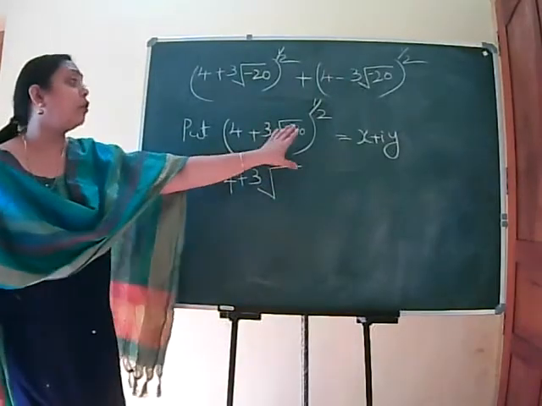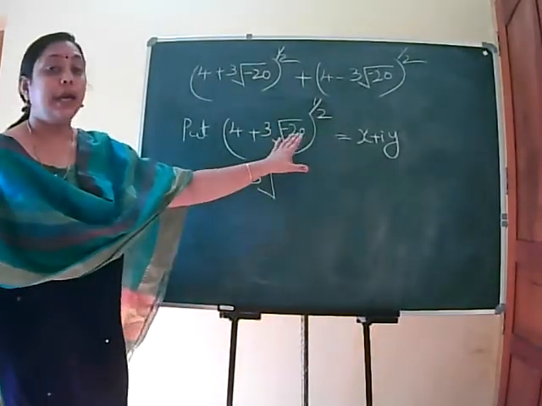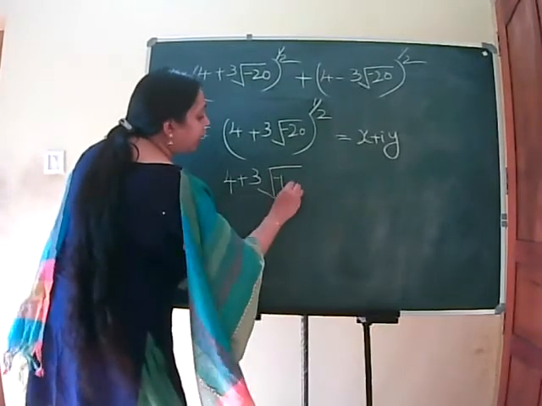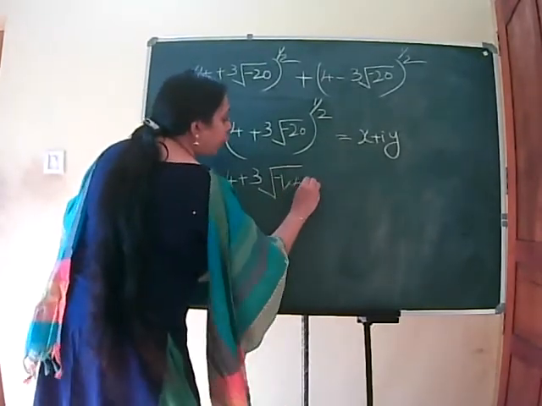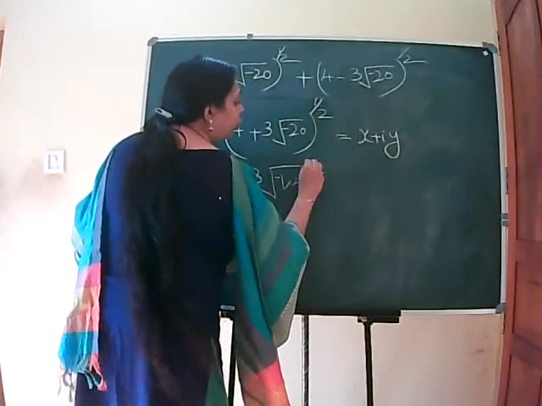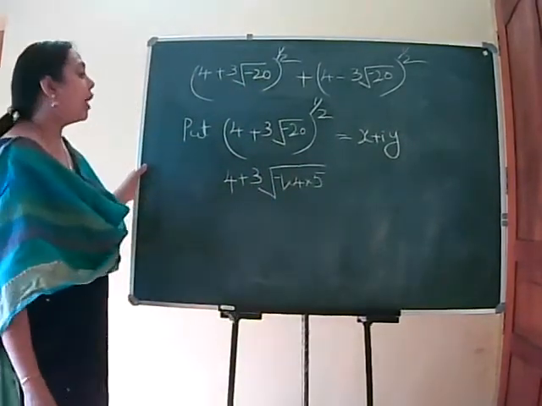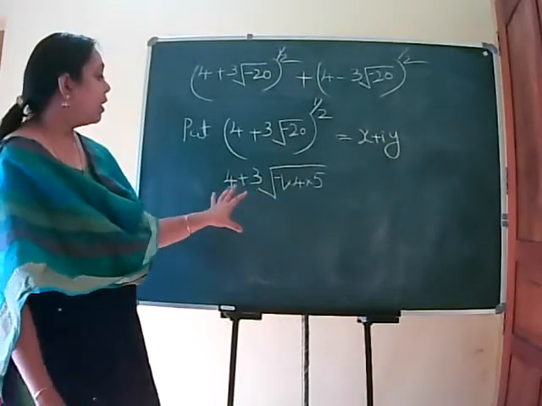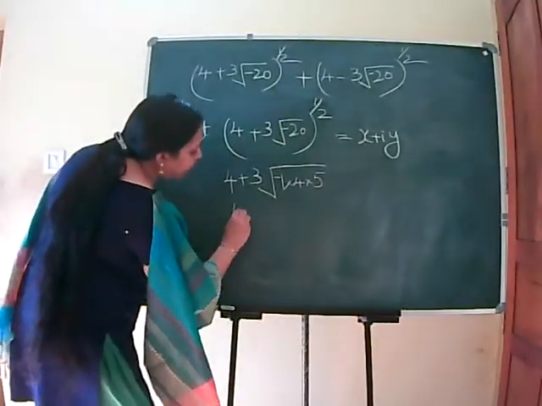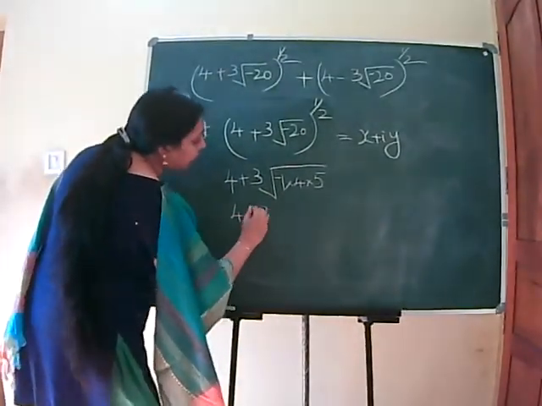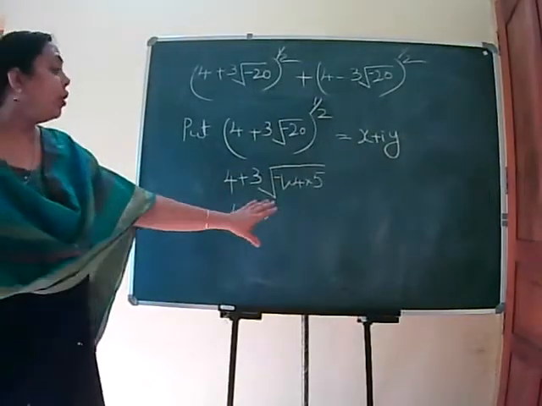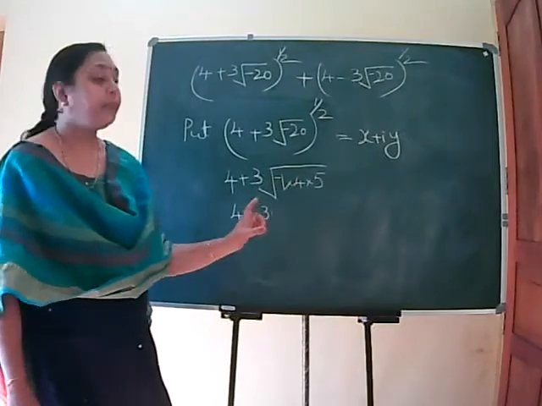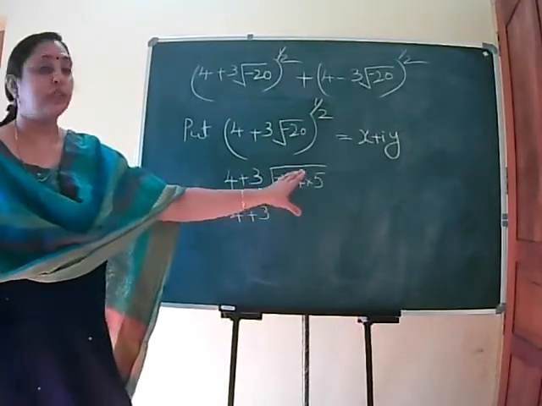That is, square root of minus 20 can be written as minus 1 into 4 into 5. Okay, that is, this becomes 4 plus 3 into, we know that square root of minus 1 is i and square root of 4 is 2.